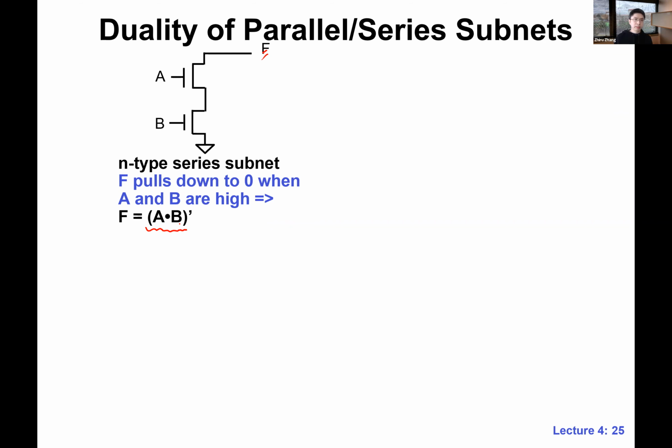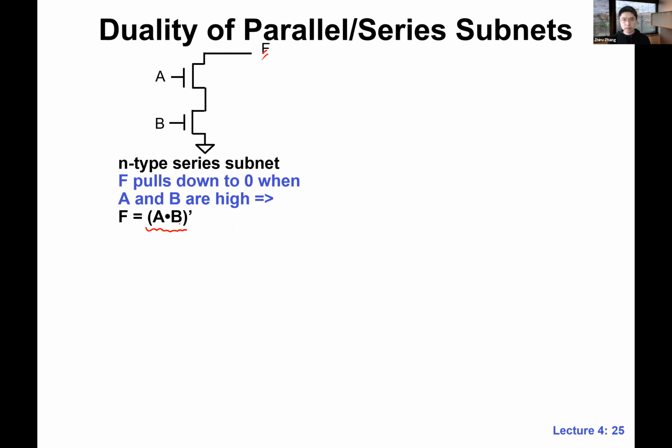A series subnet corresponds to AND, this kind of conjunction form. And this subnet corresponds to this Boolean function: when both A and B are 1s, we get a 0. When both A and B are high, we get a low on the opposite side.